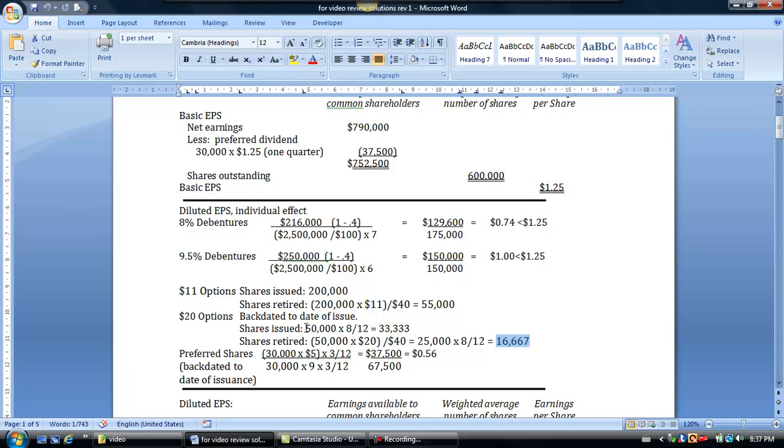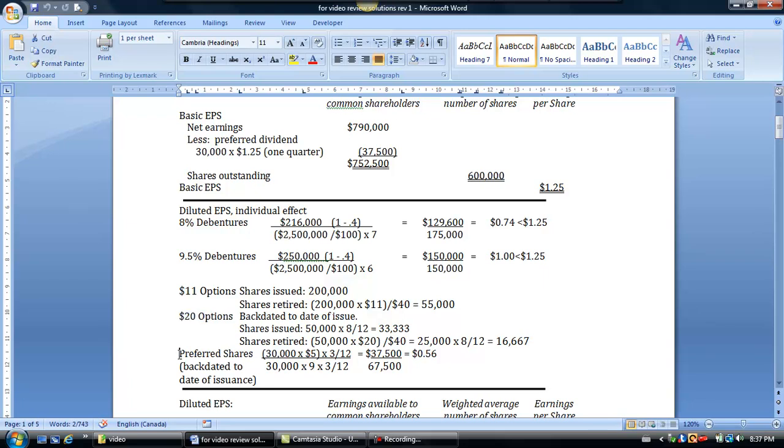So on average, we would have been issuing 16,333 new shares. So that would be the number of new shares that we would issue for these options. And we're going to use that when we do our diluted EPS calculation.